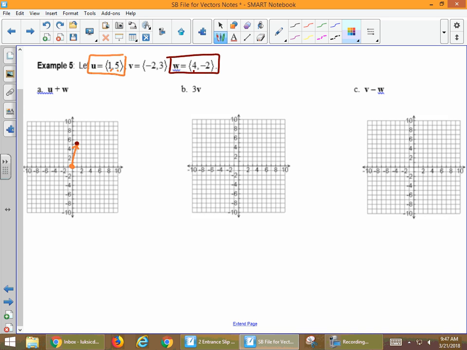So here we're going to go right 4 down 2. And then u plus w is the vector that links up the start of your first one and the end of your second. So u plus w is this guy.